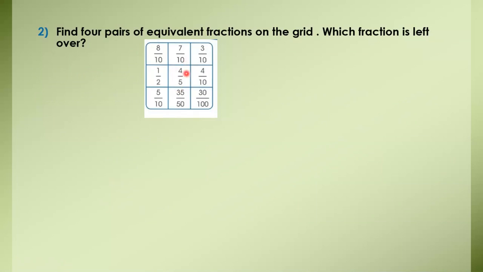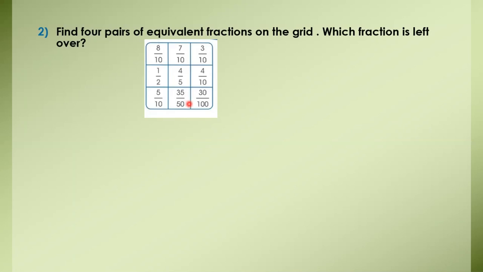So now, how will you find the equivalent fraction over here? From the set of given fractions, just pick out the larger fractions. Okay, 35 by 50. Now, we will check whether 35 by 50 can go under one table so that we can simplify it. Both numerator and denominator should come under one table.